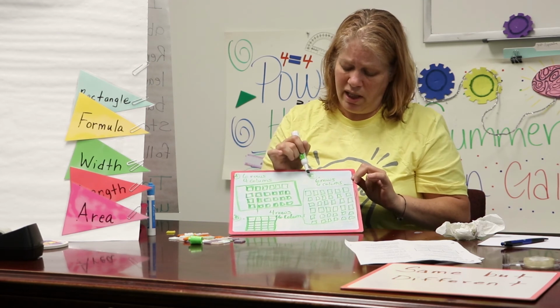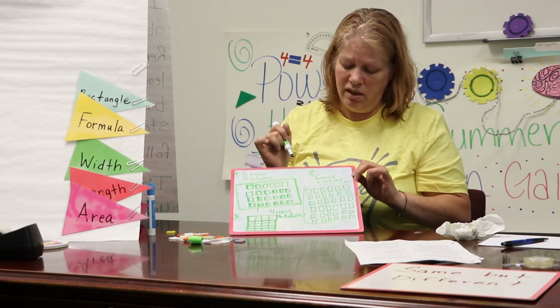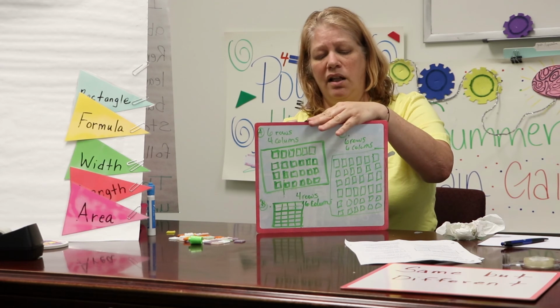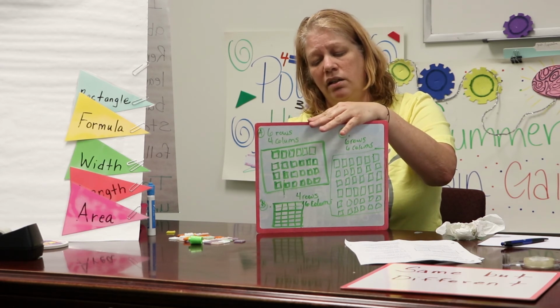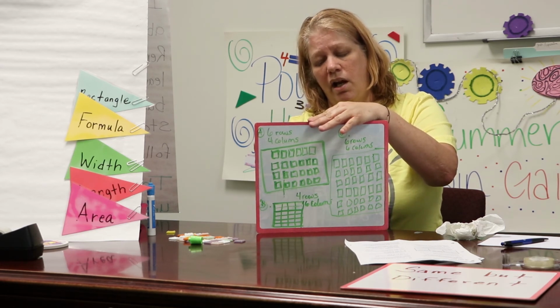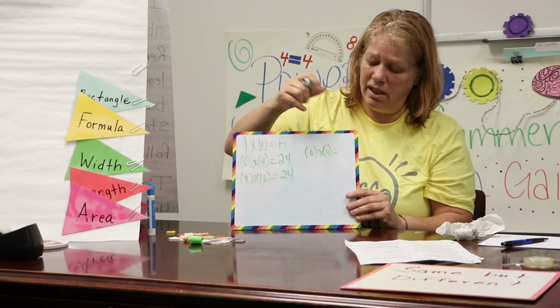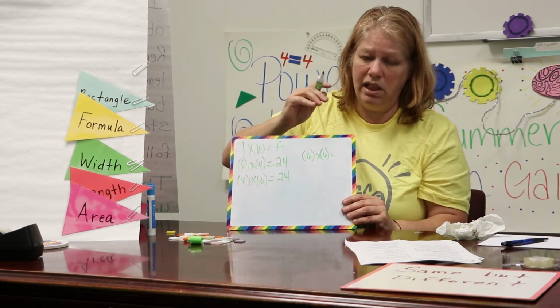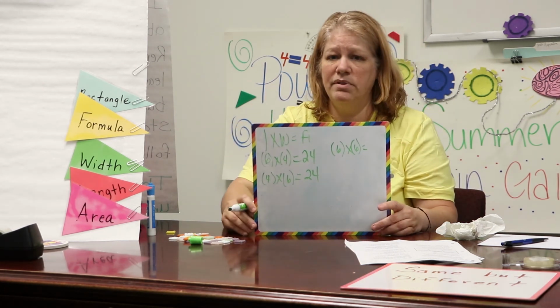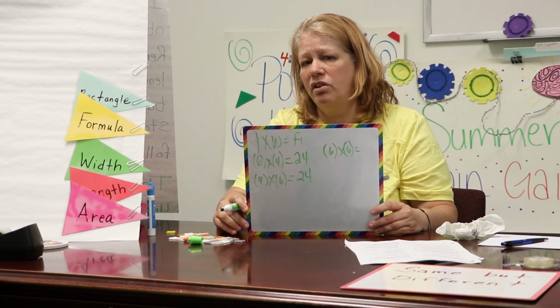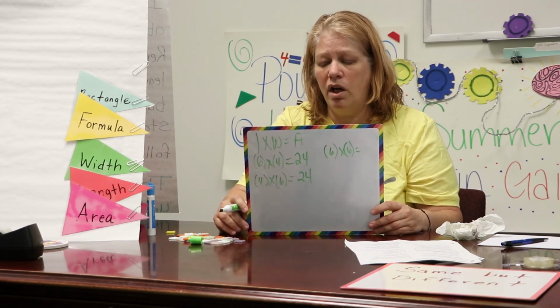So let's look at rectangle C. 6 rows and 6 columns. So our length is 6 and our width is 6. So our formula should look like this. 6 times 6 equals, now 6 times 6, ooh, that's a hard multiplication, huh? If you don't know it, you can count the squares. But look at the time it takes me to count the squares.